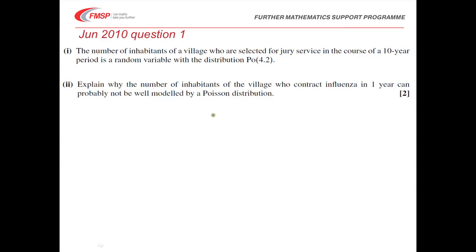We're then asked to explain why the number of inhabitants who contract influenza in a year can probably not be well modelled. So this is asking for you to look at the conditions of your Poisson. Okay, and there are a variety of things, but it's got to be in context. That's the critical thing. So in this case, one thing I could be saying is catching influenza is not independent.